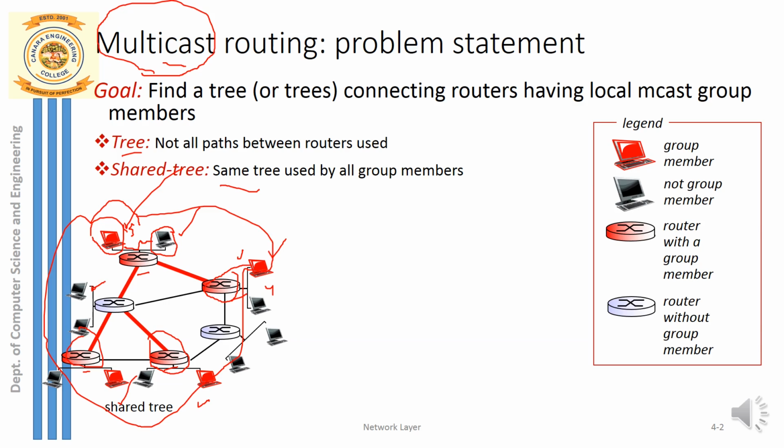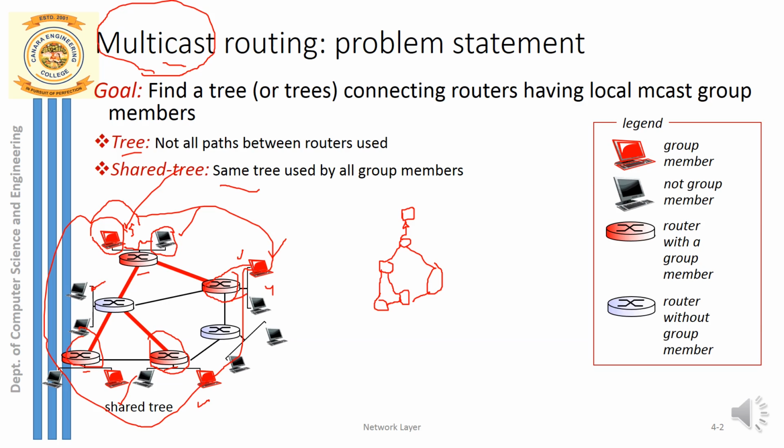If I draw this as a separate tree, there is a node connected to a router, which is again connected to the next router, and then in turn connected to 2 other routers, something like this. One more thing: this router does not belong to our multicast group.